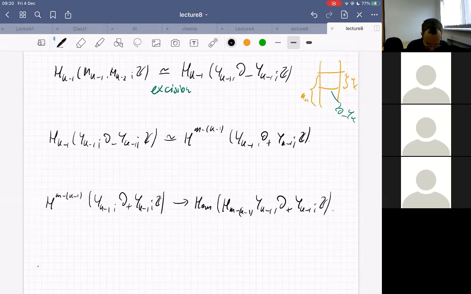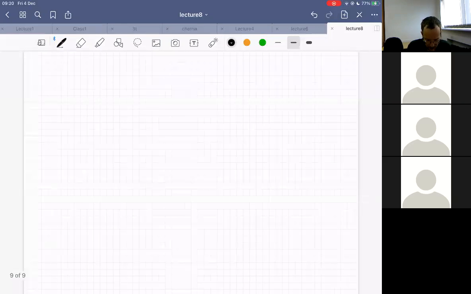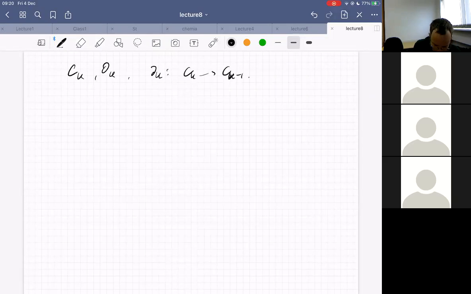So just one explanation for everybody, because we have a chain complex C_k with d_k going from C_k to C_{k-1}. And then we can define the dual space. We have a chain complex over Z, so C_k is a Z-module, okay?